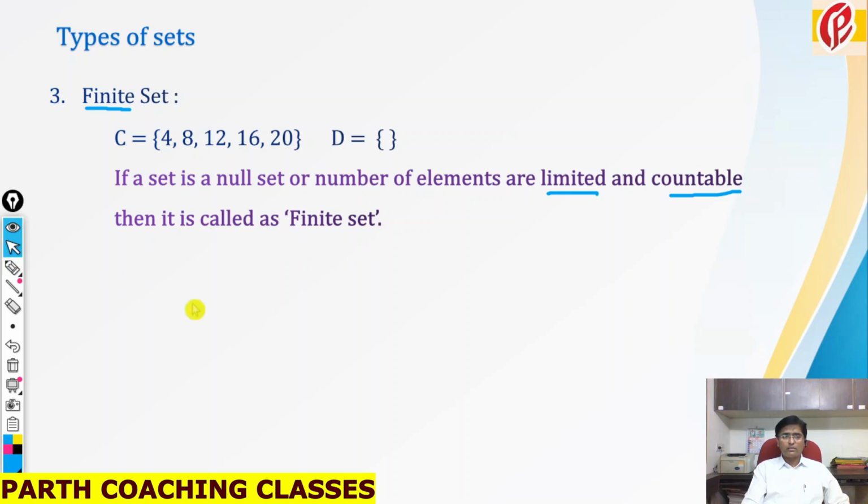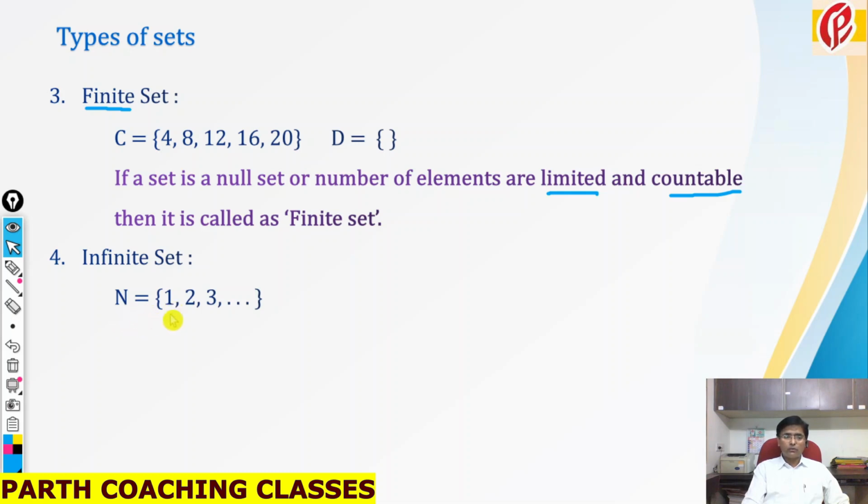Getting this? Now next, the fourth one is infinite set. Infinite set means the number of elements is unlimited and uncountable, the opposite of finite. Now see the example. N is equal to, N is for natural numbers. Correct.